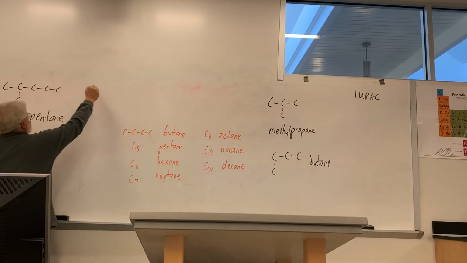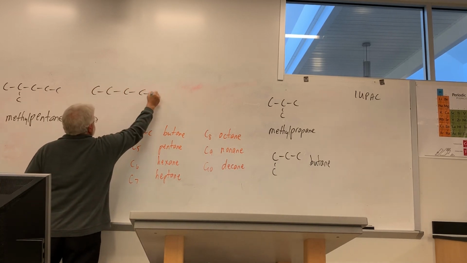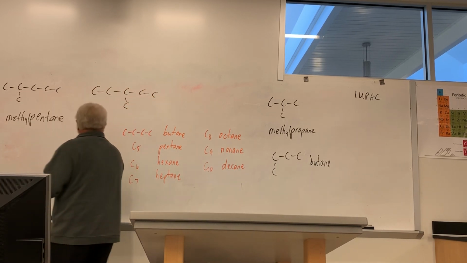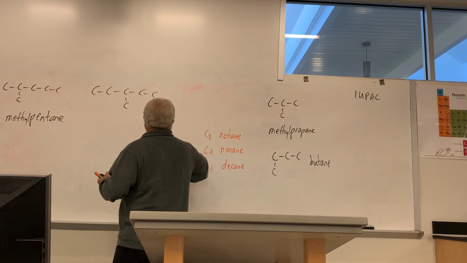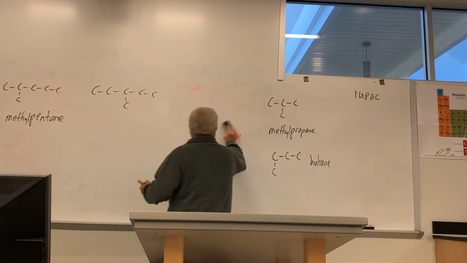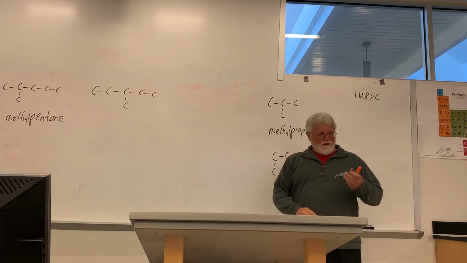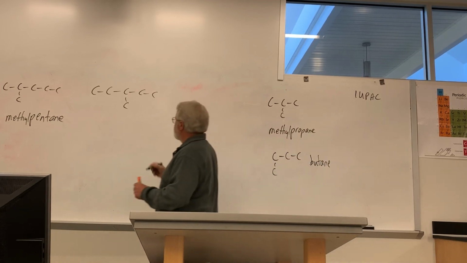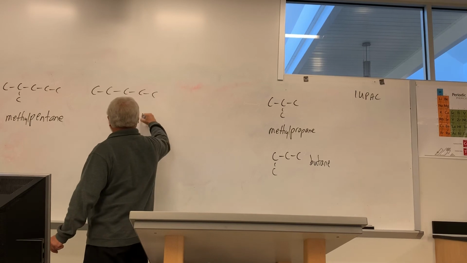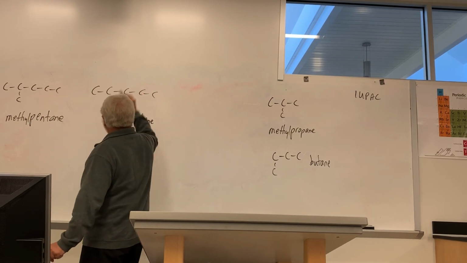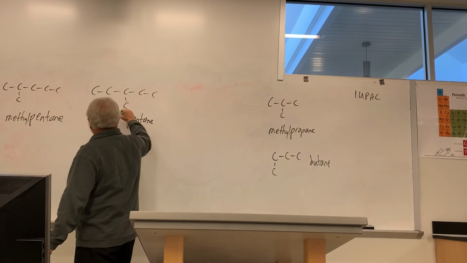Who's this? Same. Methylpentane. The longest continuous carbon chain is 5 carbons, that makes it pentane. There's a 1 carbon group stuck on, that makes it methylpentane.